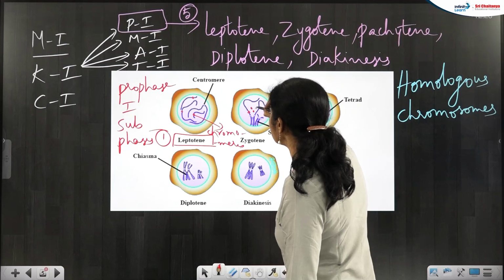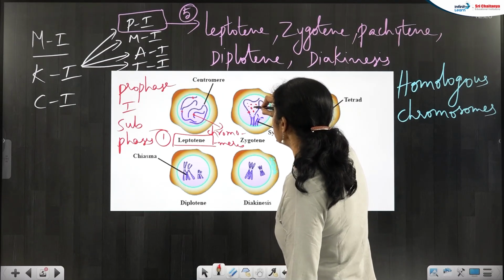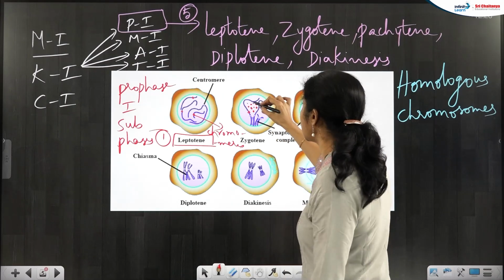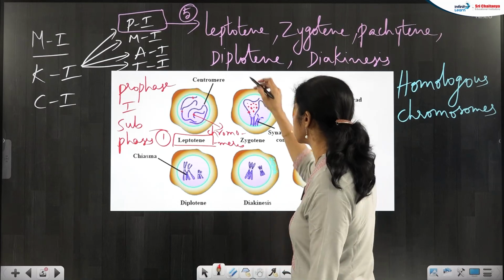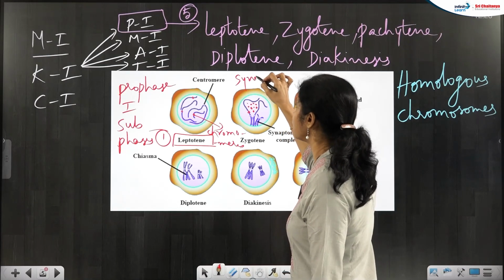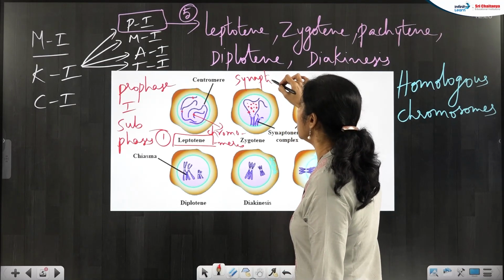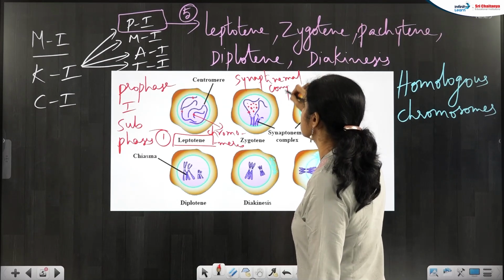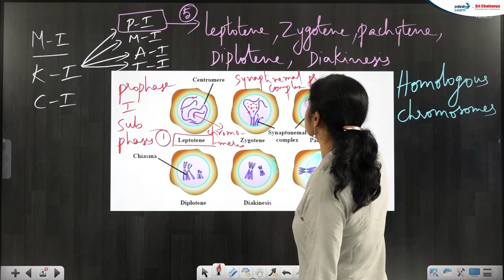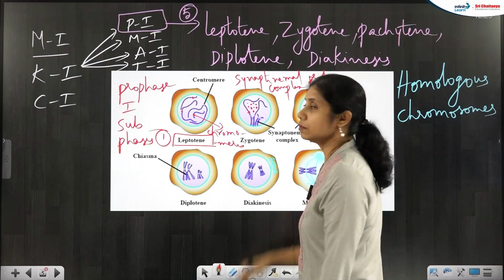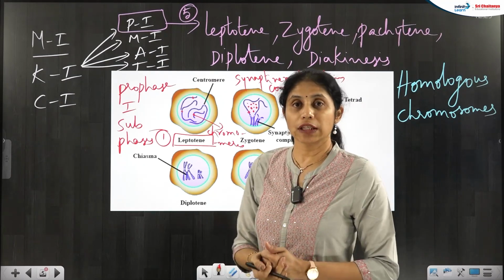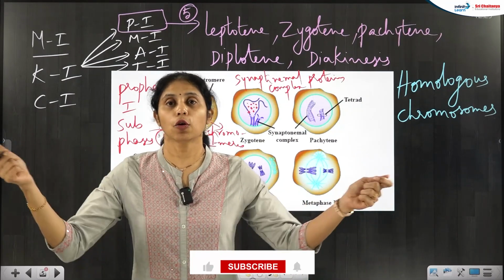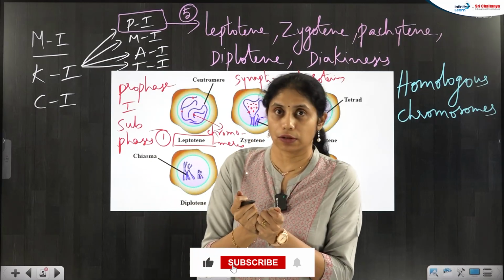These proteins are called synaptonemal complex proteins. They will be attracting the homologous chromosomes towards each other.